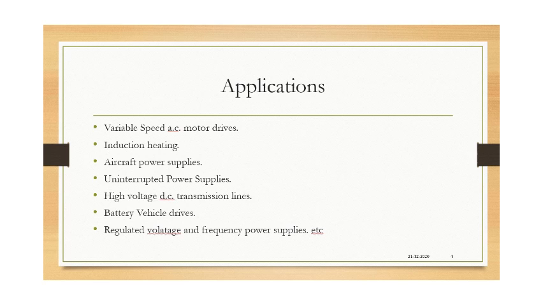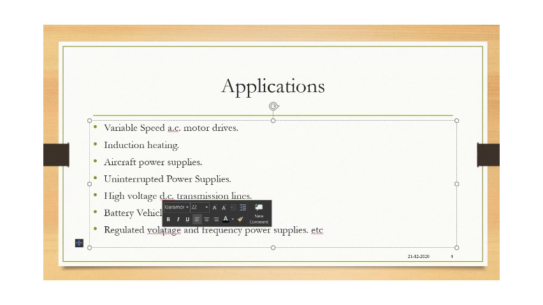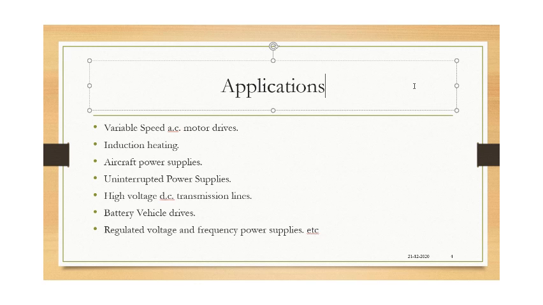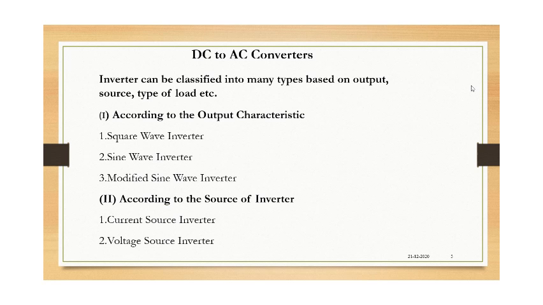Then the UPS, which we are familiar with, then high voltage DC transmission lines, battery vehicle drives, then regulated voltage and frequency power supplies, etc. So these are a very brief and broad application list, just to give an idea about DC to AC converters.